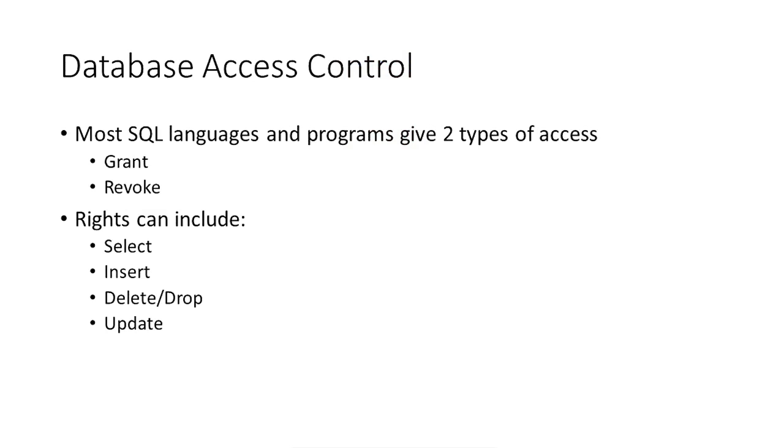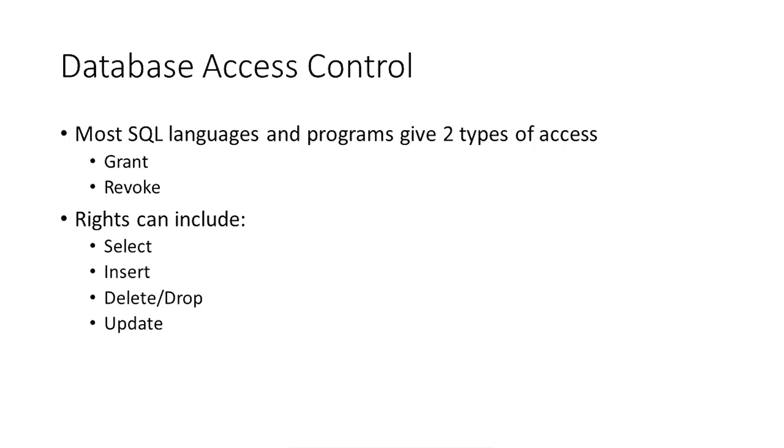Access control. This is where we see threats into the database. Most SQL languages and programs give two types of different access. We either can grant access or we can revoke access. We also have rights.